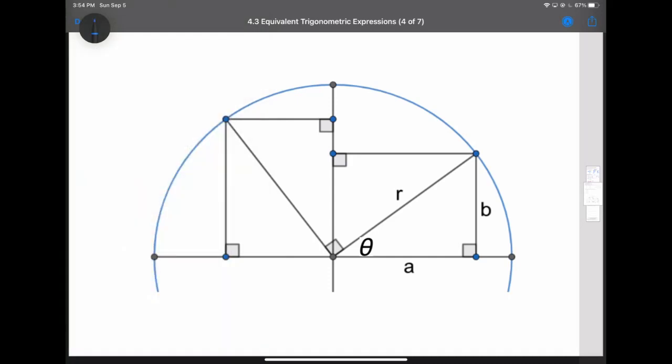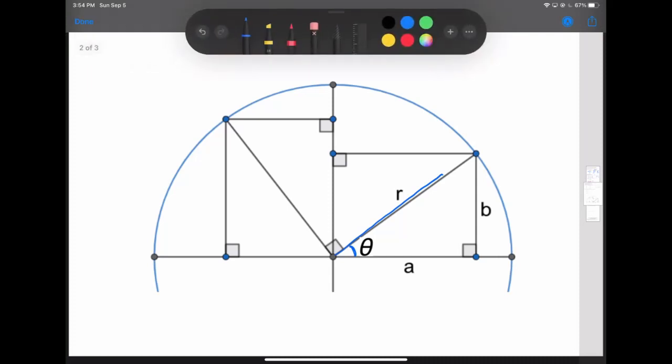Okay, so we have angle theta measured there. I'm going to focus on this right-angled triangle. Actually, you know what? Let me just do that in red. Ooh, that was not what I wanted. Theta. This triangle in red.